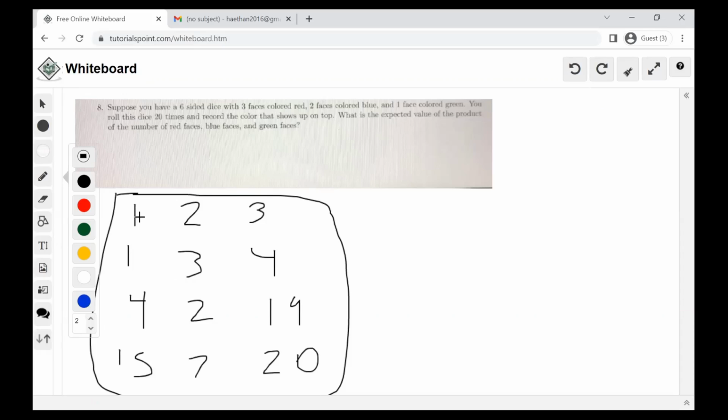So what's the probability that we get this one is red, this one is blue, and this one is green? The probability that this is red is 1/2. Probability that this is blue is 1/3. And the probability that this is green is 1/6, right?